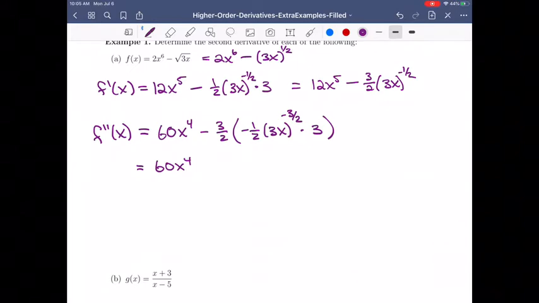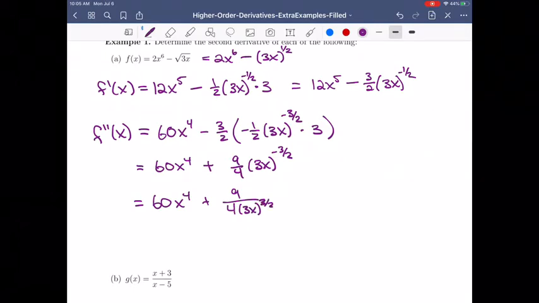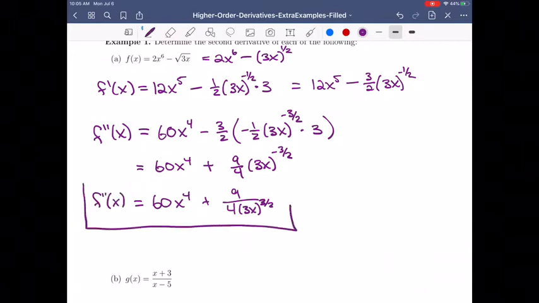Now it's going to be a positive because I have 2 negatives, and it's going to be 9 over 4 times 3x to the negative 3 over 2, which we could write as 60x to the 4 plus 9 over 4 times 3x to the positive 3 over 2. Okay, and this is probably how I would leave it, unless I had to do something with it. So that would be our second derivative there.